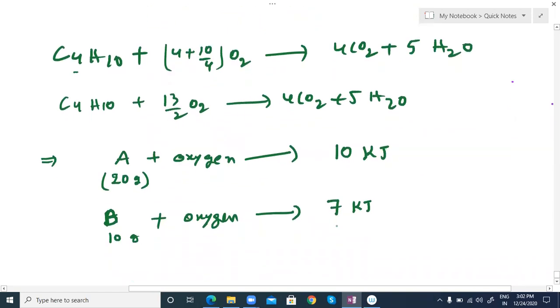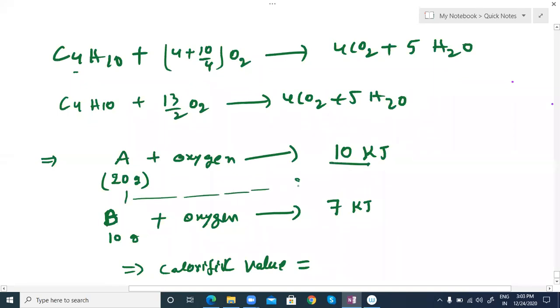Which one has more calorific value? That's the question. Calorific value is very simple, sir. Calorific value per gram. This is 20 grams, this much kilojoules of energy. Per 1 gram, how much? 10 into 1000, sir, a kilojoule is 1000 joules only, na?